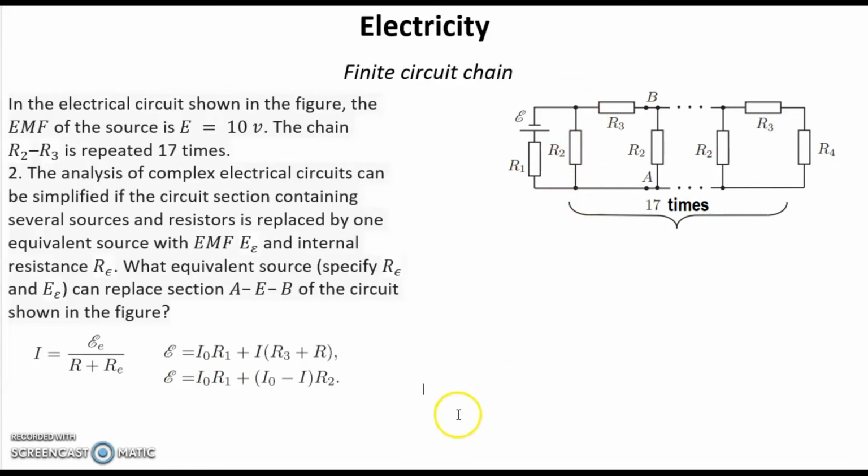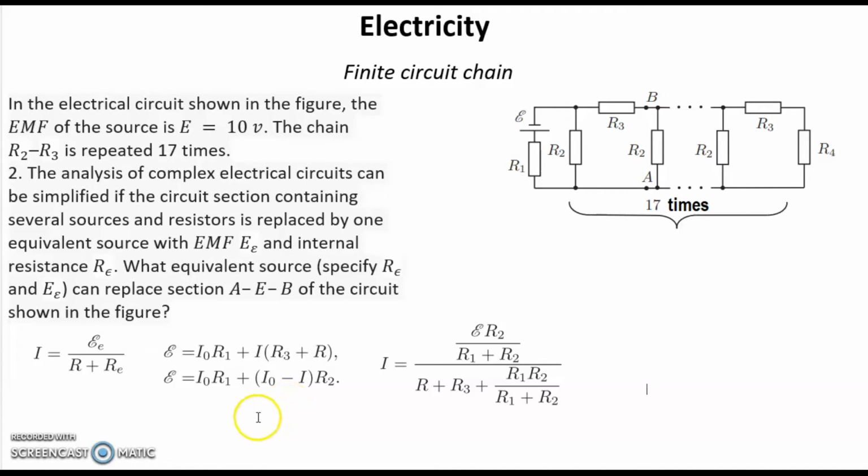So we have two equations and we can exclude from them current I0. That will give us current I. So that's the expression for current I using these two formulas.